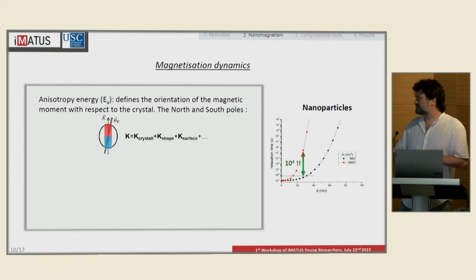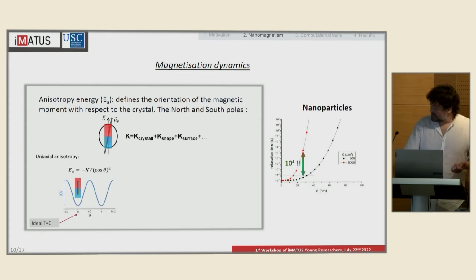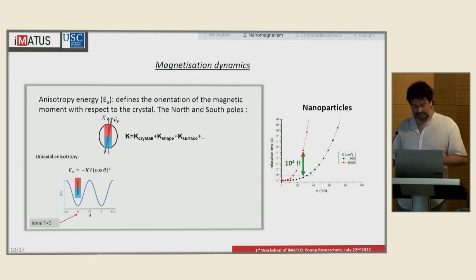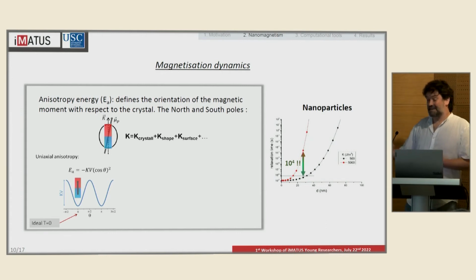There are different contributions, crystalline, shape, surface, but in the simplest description, it is what makes our magnet have north and south poles. But this works only for the ideal T equals 0 case, or equivalently infinite anisotropy.